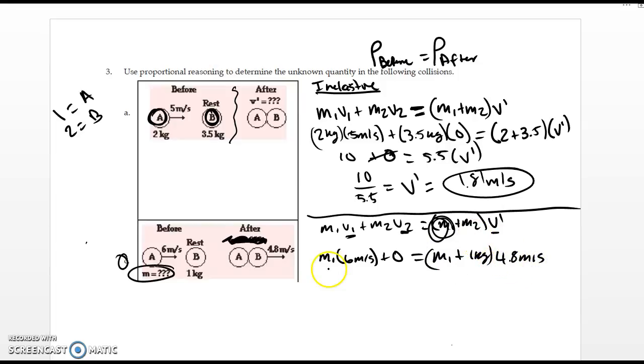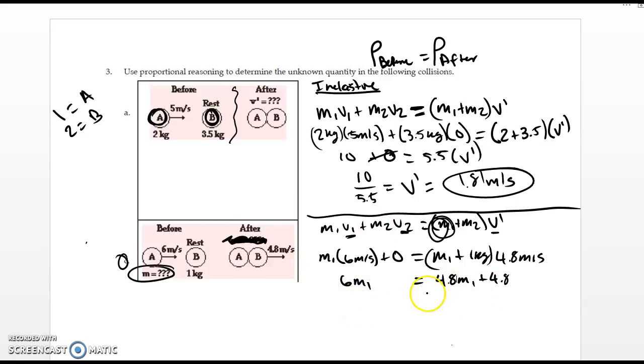In this case, again, we're still solving for M1. So 4.8 M1 plus 4.8 is equal to 6 M1.